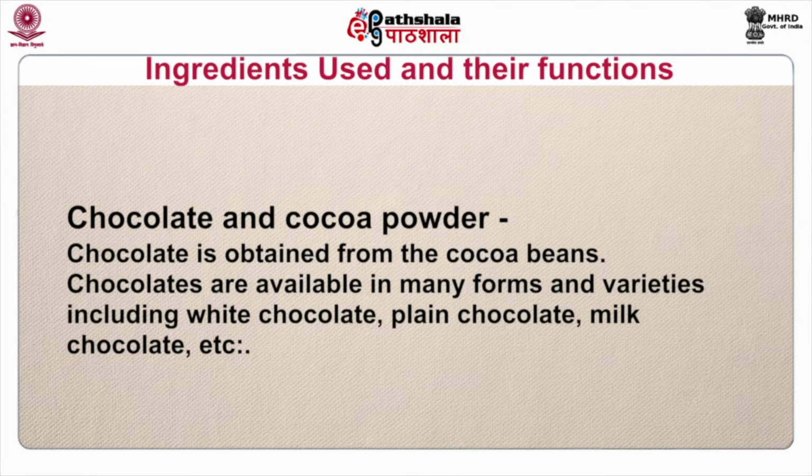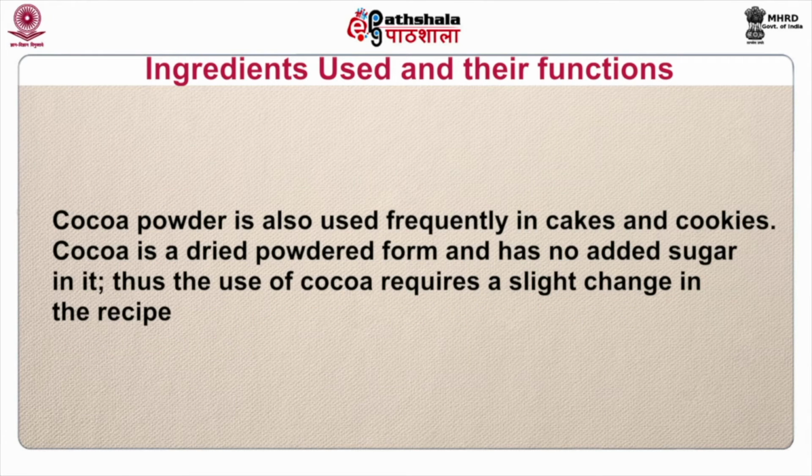Chocolate and cocoa powder. Chocolate is obtained from the cocoa beans. Chocolates are available in many forms and varieties, including white chocolate, plain chocolate, milk chocolate, etc. Cocoa powder is also used frequently in cakes and cookies. Cocoa is a dried powdered form and has no added sugar in it. Thus, the use of cocoa requires a slight change in the recipe.